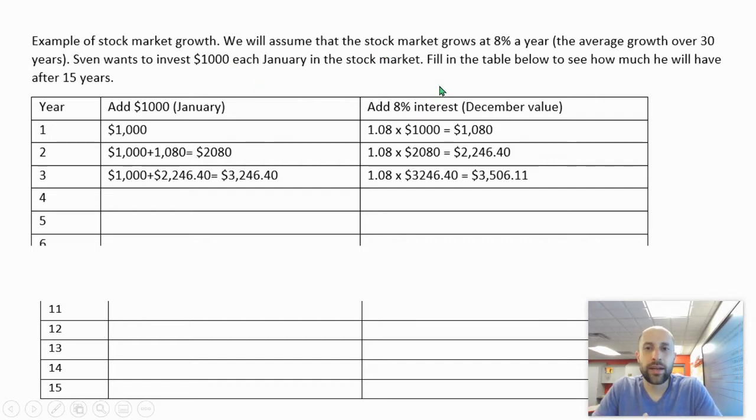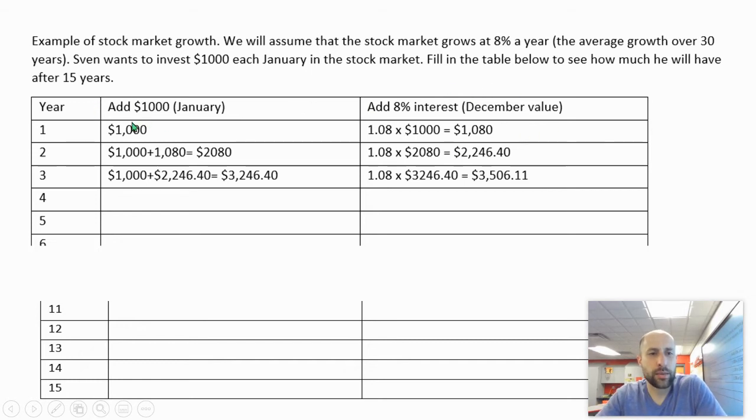That fluctuates, so that's not a guarantee, but that's been the average. So if we want to invest $1,000 each January, so that means we're going to add in more money every January. We're going to continue filling in the table here to kind of see what happens over the course of the years.